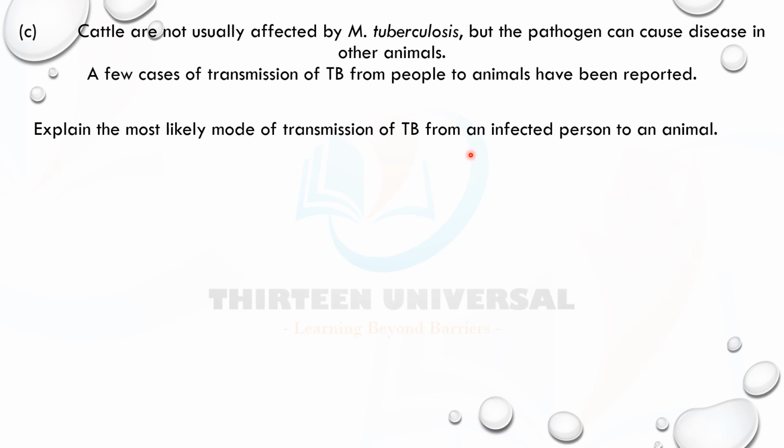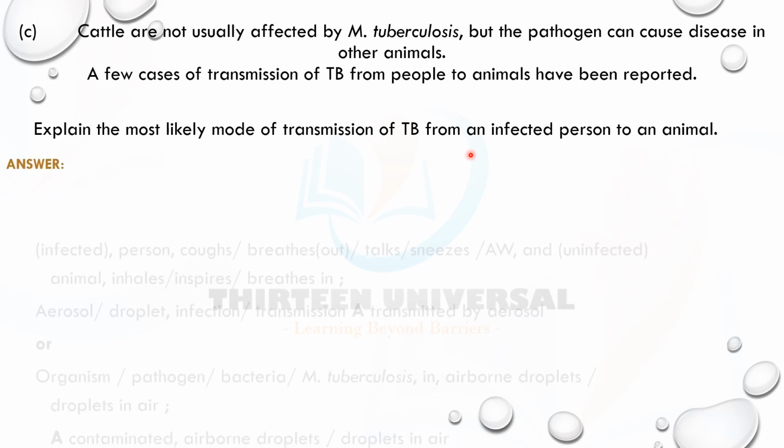Remember that tuberculosis, especially pulmonary tuberculosis, is a droplet infection. As an infected person coughs, sneezes or talks, it releases aerosols. Aerosols are airborne droplets that carry the pathogens. When the aerosols are inhaled by the animals, they become infected.